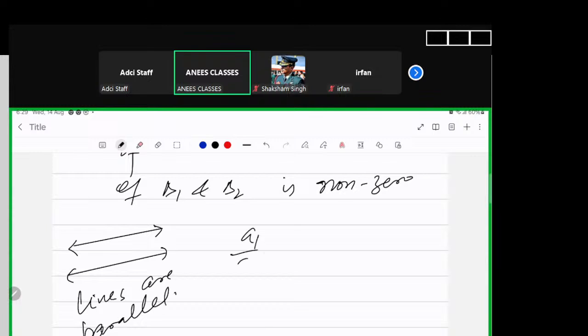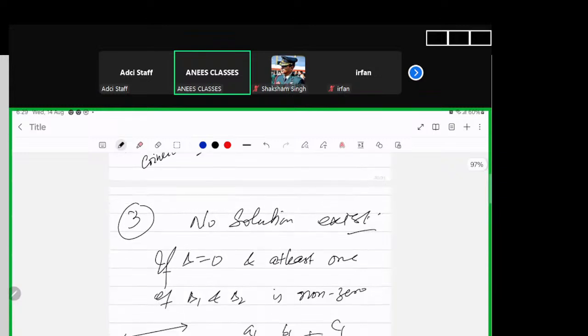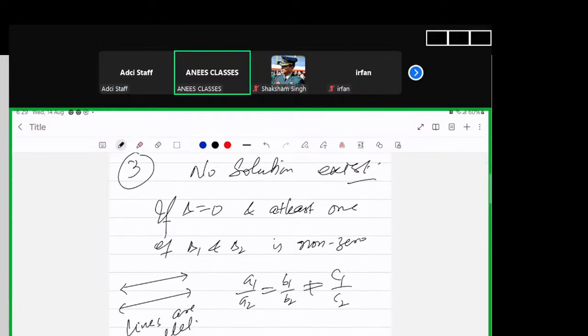Lines are parallel. A1 by A2 equal B1 by B2 not equal C1 by C2. Okay. This is called inconsistent system. No solution is called inconsistent.